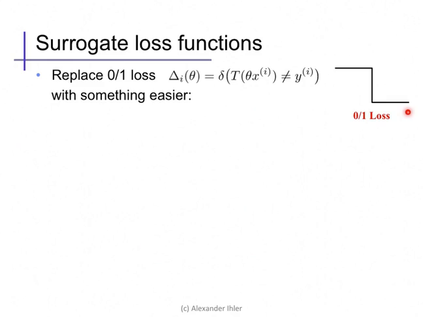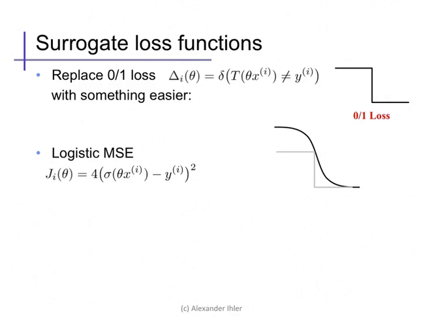For the 0-1 loss, when z is positive, we have 0 loss because we've predicted correctly. As soon as z becomes negative, our cost jumps to 1. The negative features of this choice can easily be seen here. It's discontinuous, and even for mispredicted points, say when the loss is over here, the derivative is still 0, so we have no local information about how we should evolve the decision boundary.